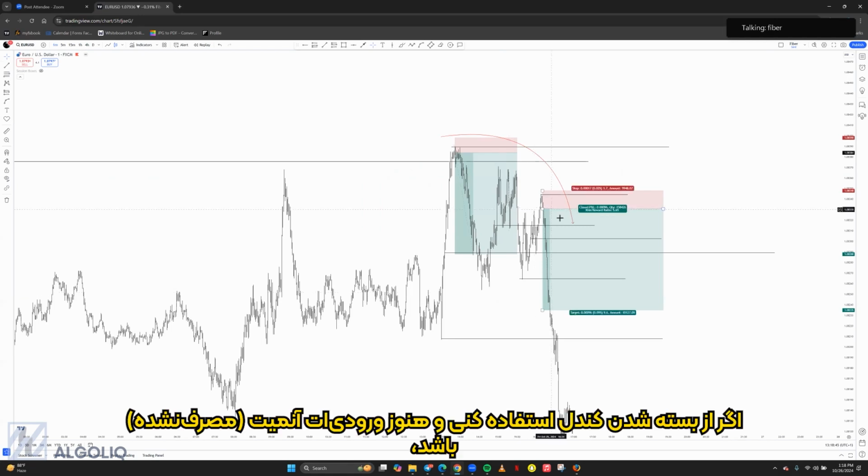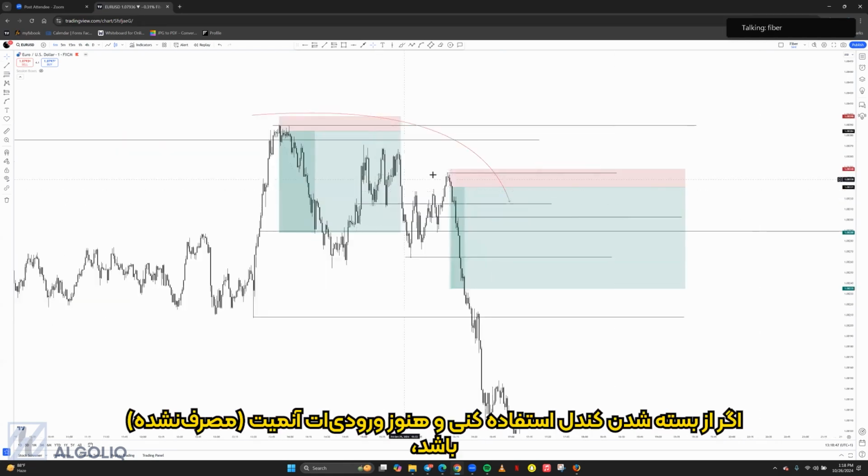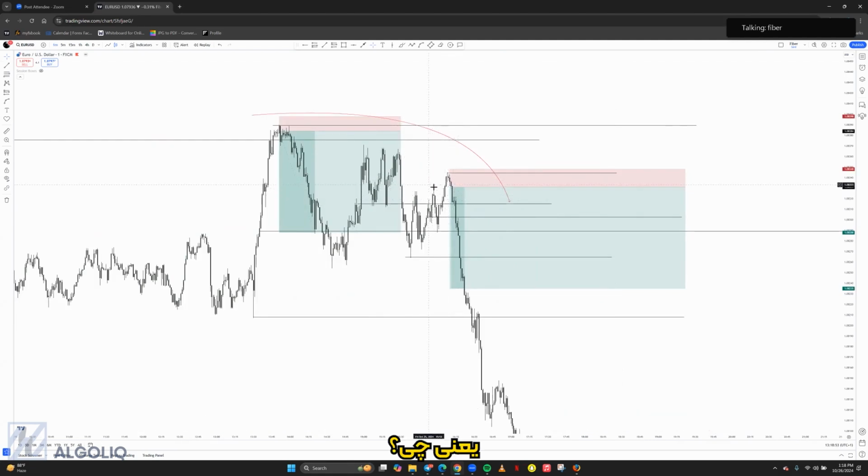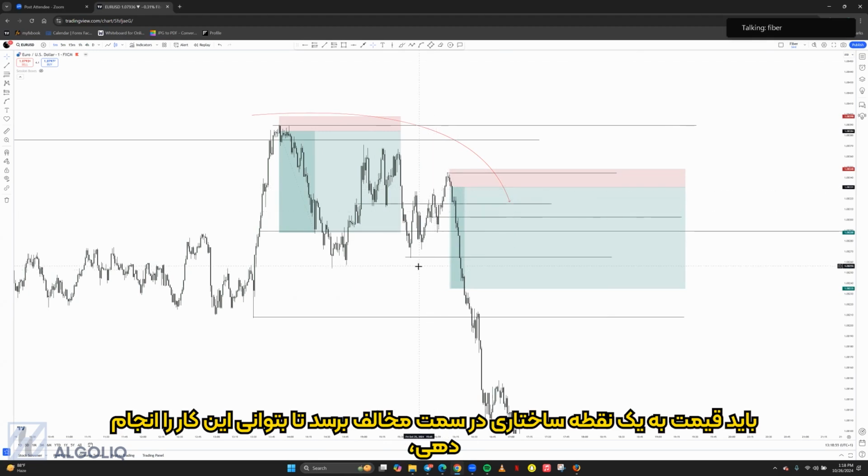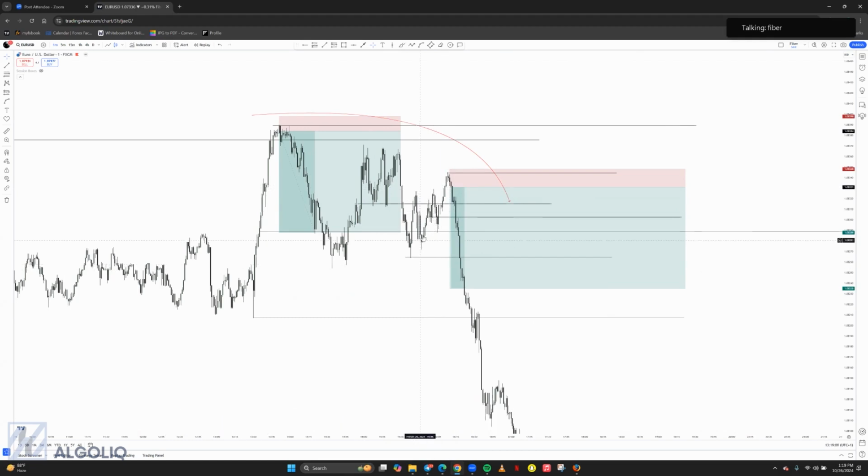If you use a candle closure and you still have an unmitigated entry, it means you need price to take a structure point at the opposite side for you to break even.